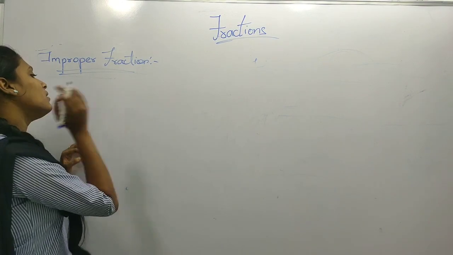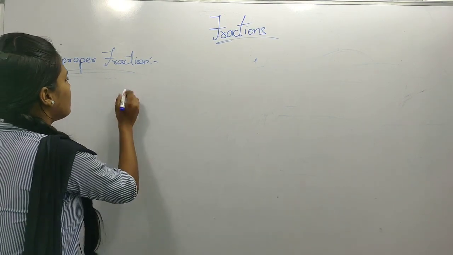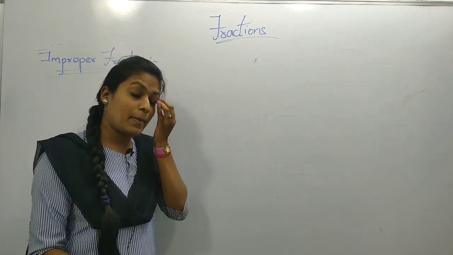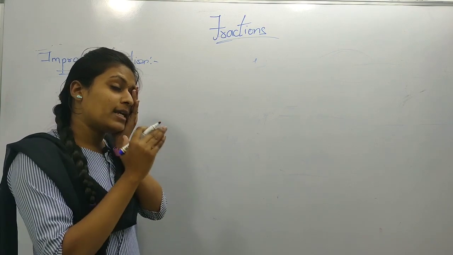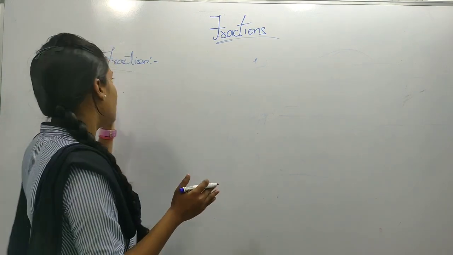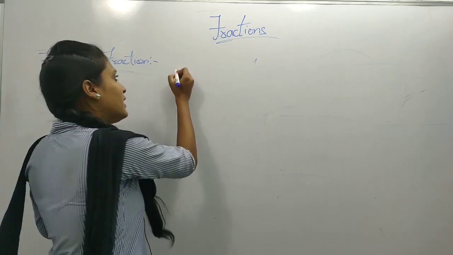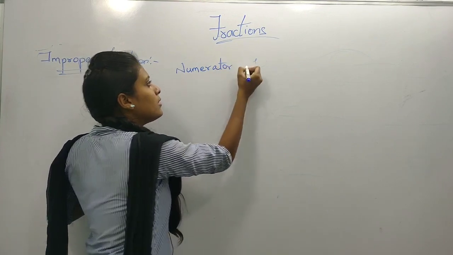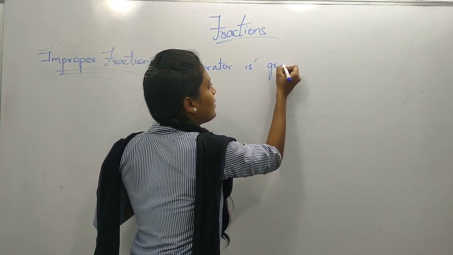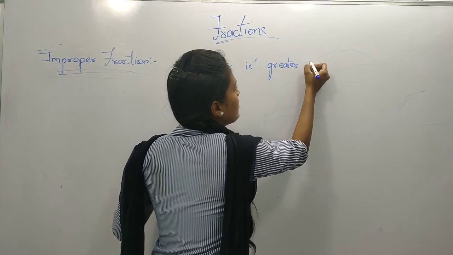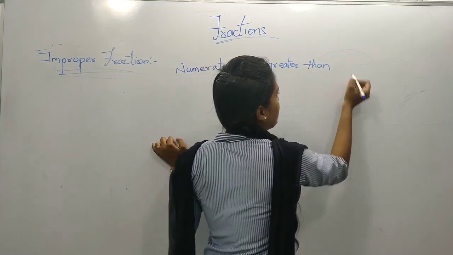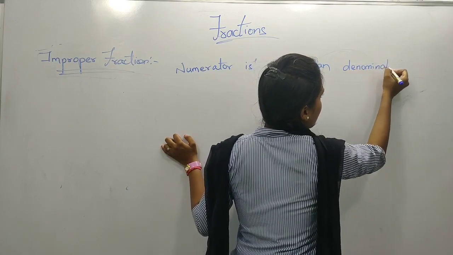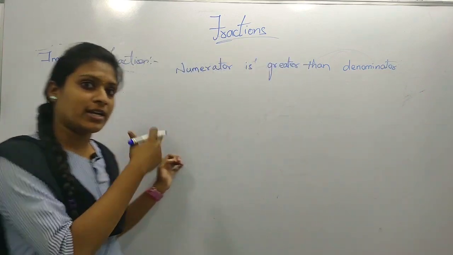Let's take an example. Improper fraction, as I said, is quite the opposite of a proper fraction. In a proper fraction, the numerator is less than the denominator, but in an improper fraction, the numerator is greater than the denominator. Let's take an example and look at this.